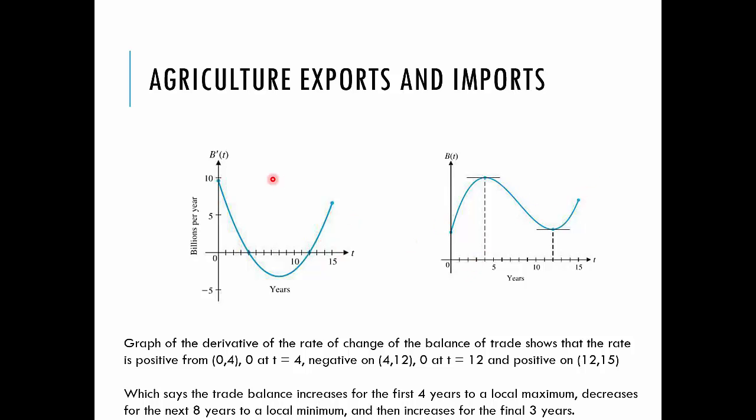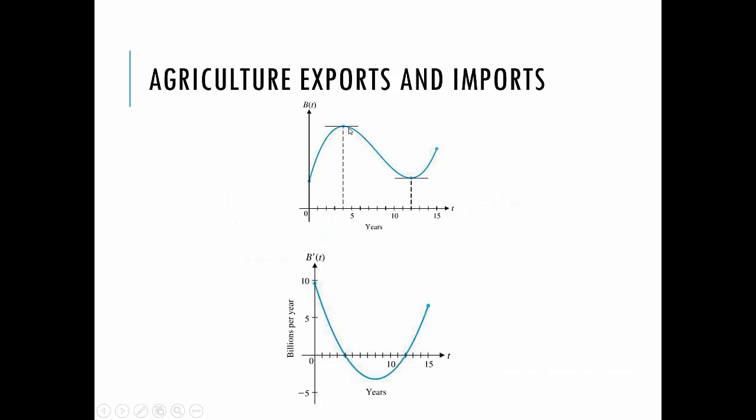What I like to do with these is put them on top of each other, because it helps me line up my horizontal tangents with zeros here. And so I can see my original graph and then my actual derivative by lining these up.